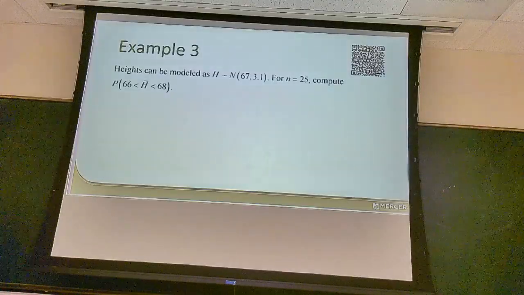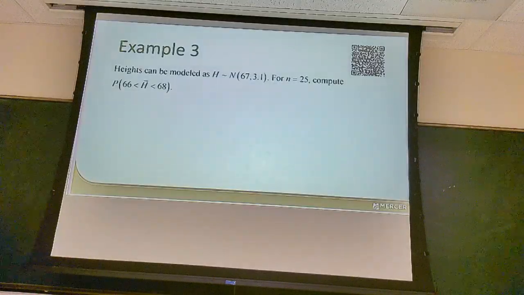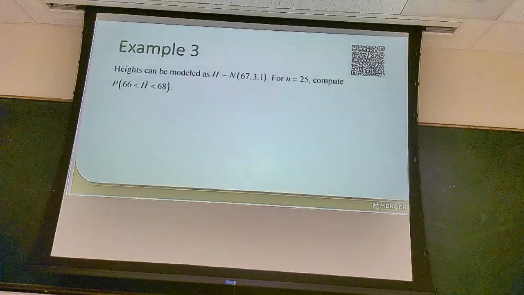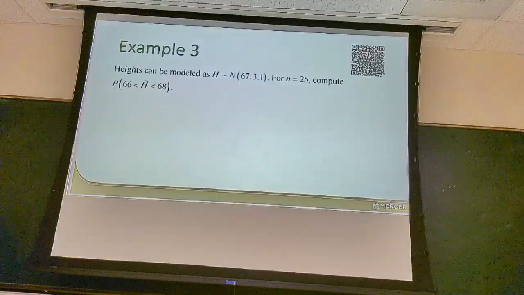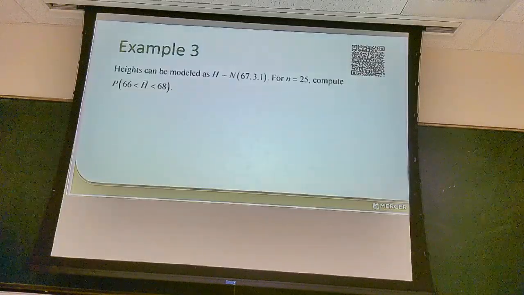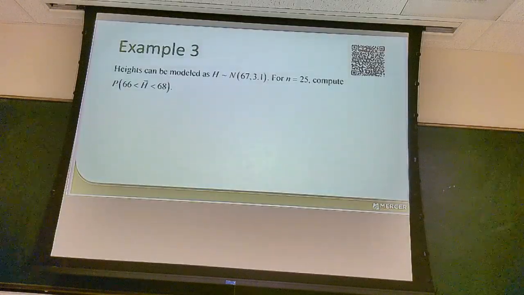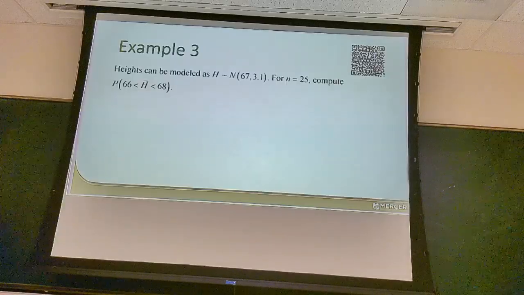Because it's 25. What was the other condition for it to be normal? Either your sample size is large enough, or what about the original population? Evenly distributed. What do you mean by evenly distributed?